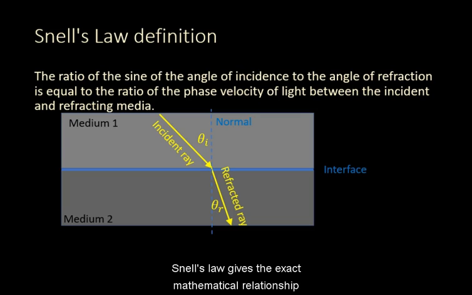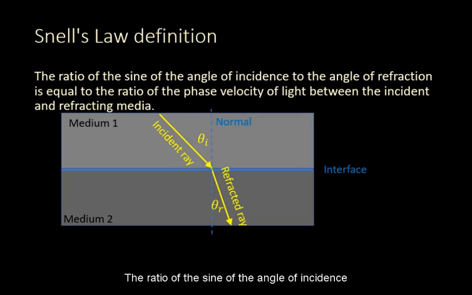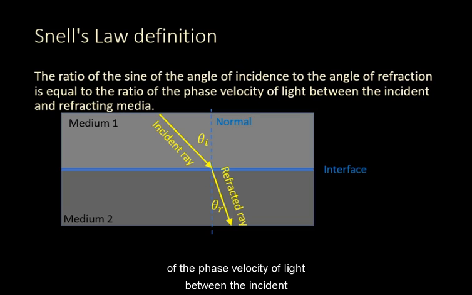Snell's law gives the exact mathematical relationship of the geometry. The ratio of the sine of the angle of incidence to the sine of the angle of refraction is equal to the ratio of the phase velocity of light between the incident and refracting media.